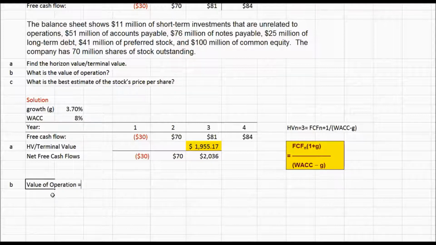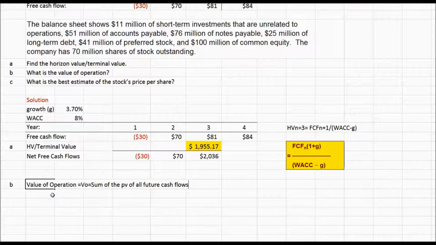It equals the sum of the present value of all future cash flows.